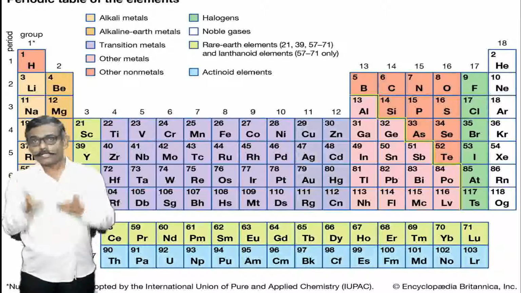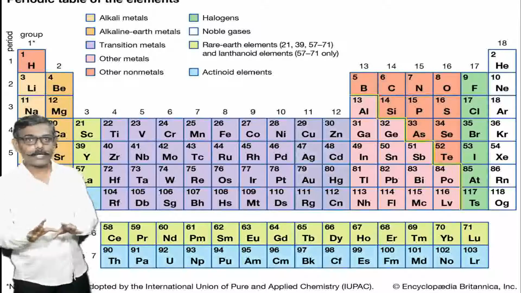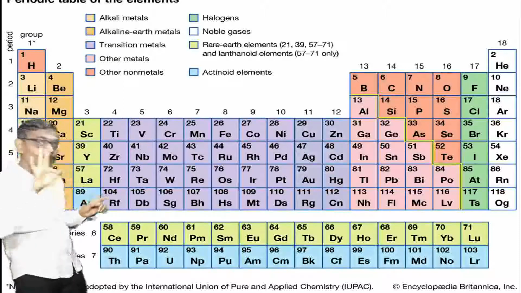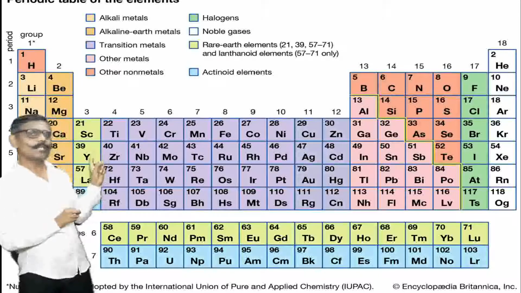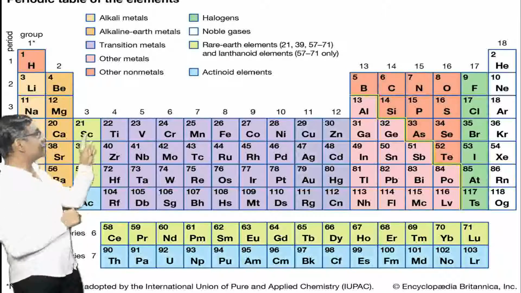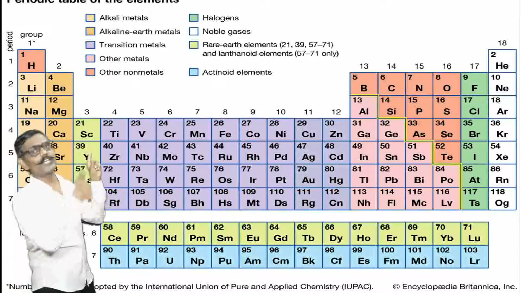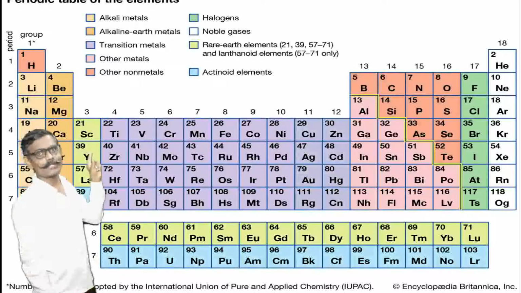These inner transition elements are located in group number 3. If you see group number 3, it starts with scandium. But after scandium, such elements are not there, as we are now considering.